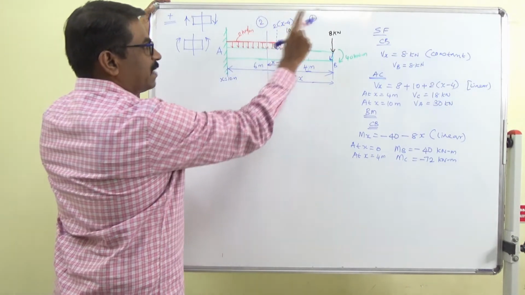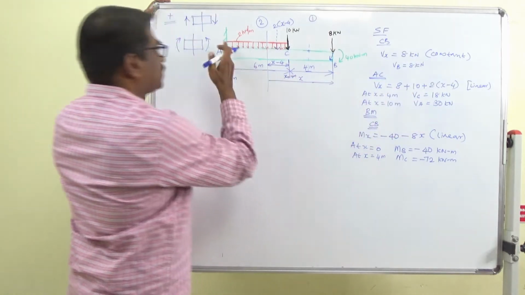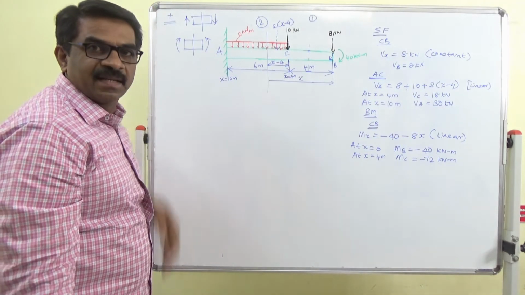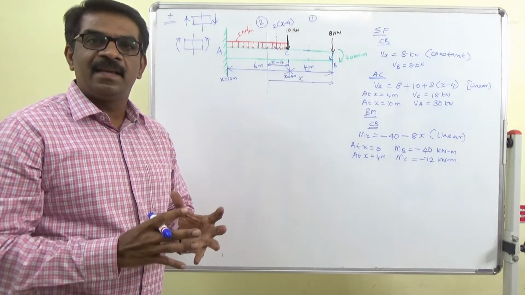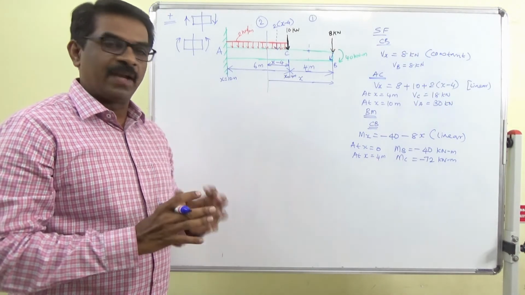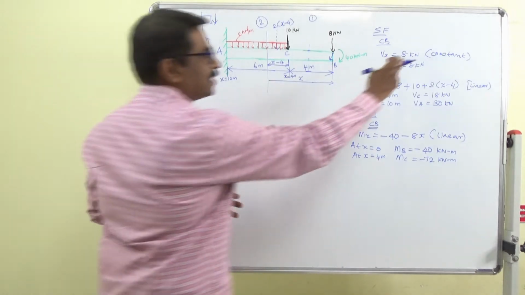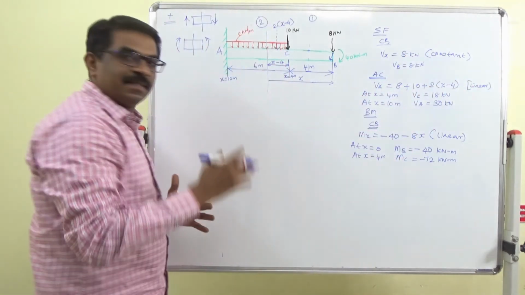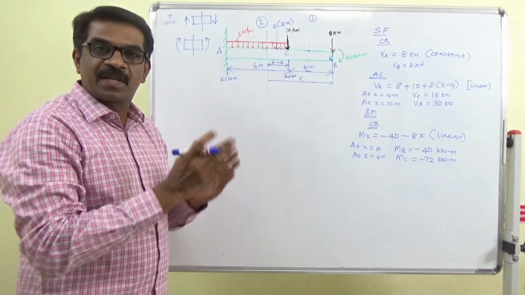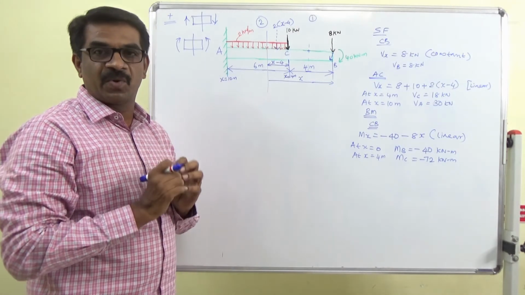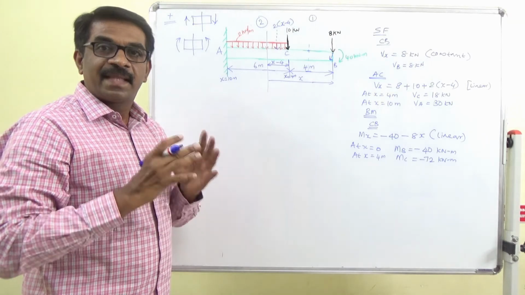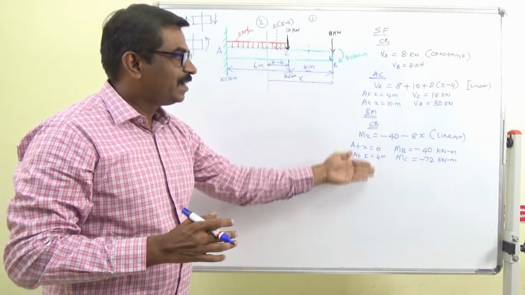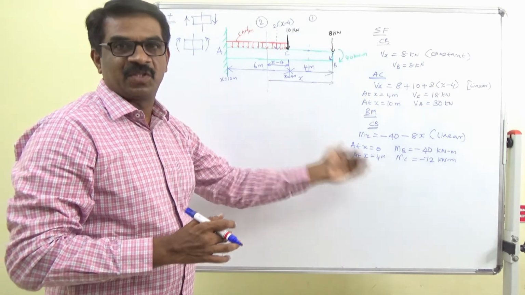So 12 plus 10 plus 8, 30 at A. So very easily you can obtain these values. But these variations, the expressions, how the shear force diagram is going to be, how the bending moment diagram is going to be, will be obtained when we understand this way.